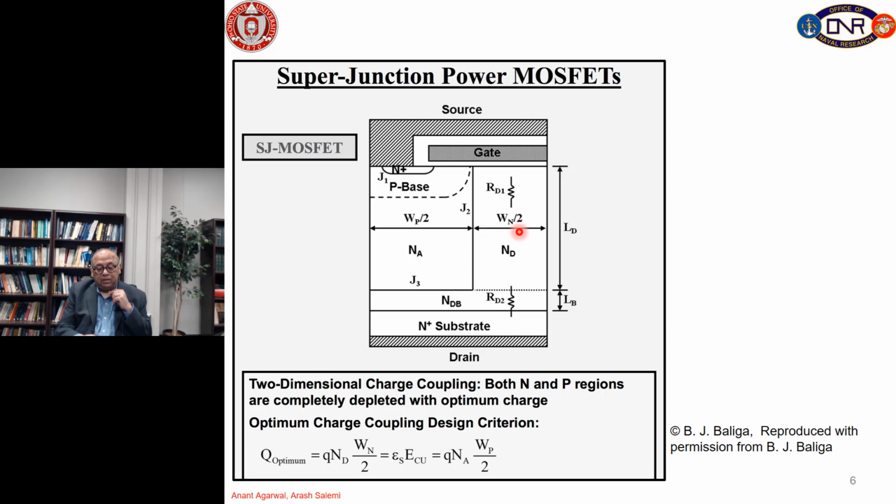So, Wn is the width of the N-type drift layer, and Wp is the width of the P-type layer on this side. This is just half the cell, and P-type is doped with Na, and the N side is doped with Nd. Here is the substrate, and here is that buffer layer we had mentioned.